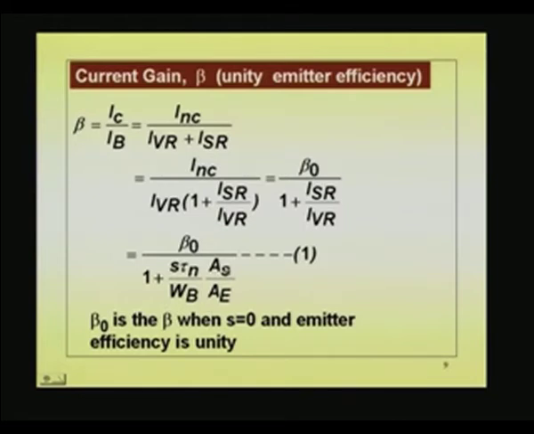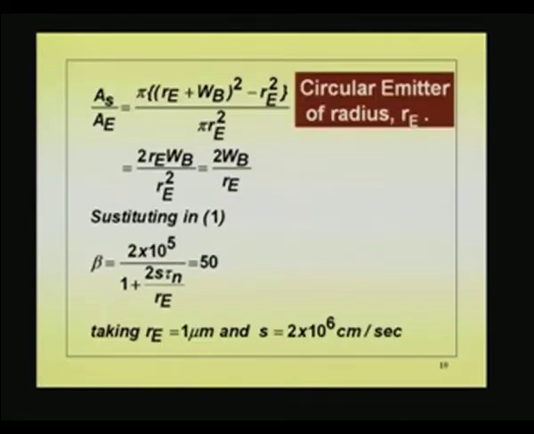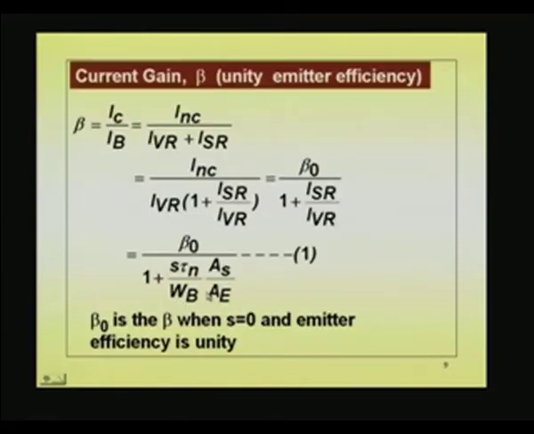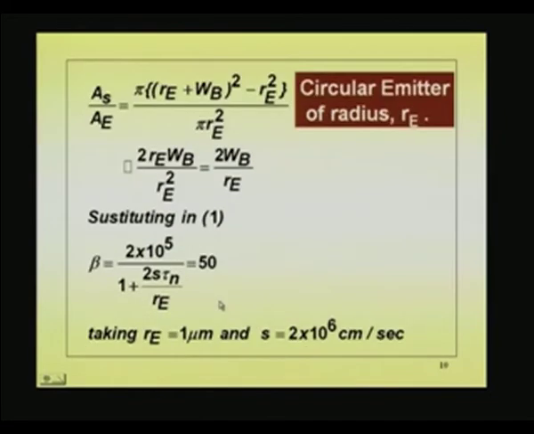In fact, you have just now seen AS by AE is equal to 2W by Re. So, that Re squared gets cancelled, W gets cancelled, and you get that term. Just plugging in for the area ratios, you get that.